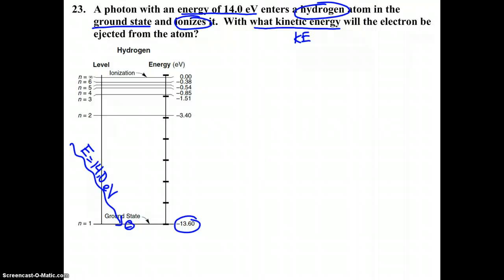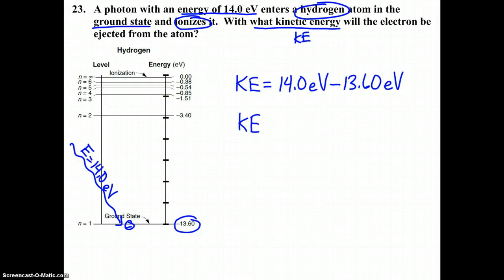Okay? So, where does the remaining amount go? The remaining amount gets imparted to the electron in the form of kinetic energy. So the kinetic energy in this is really easy to calculate. You take the amount of energy coming in to the atom, which is 14.0 electron volts, and you subtract how much it took to ionize it, which is 13.60 electron volts.